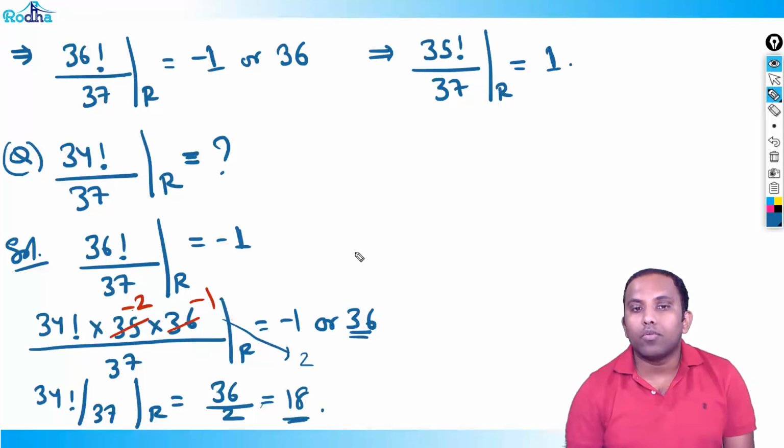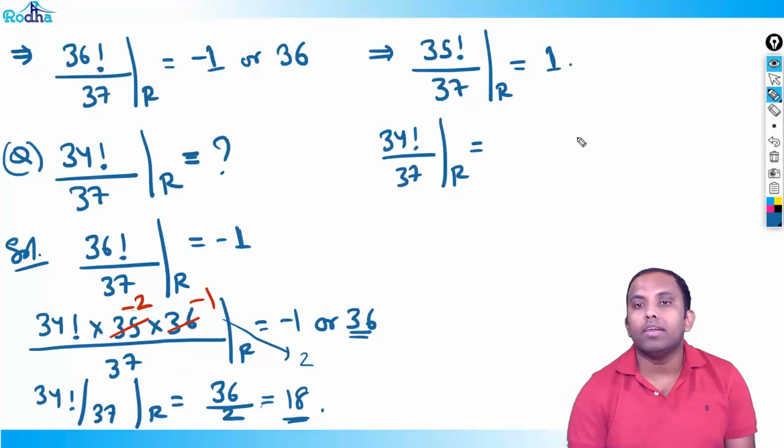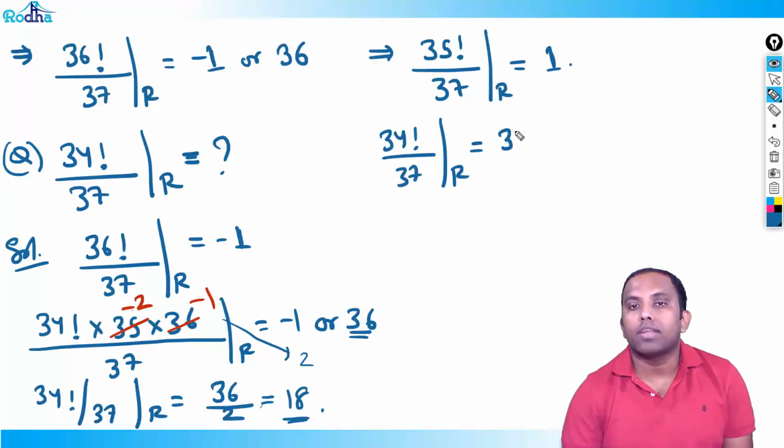When the remainder is minus 1, for 34 factorial by 37, you can write that the remainder is minus 1. So what is the form of the remainder? A number which when divided by 37 leaves remainder minus 1, so the form is 37k minus 1.